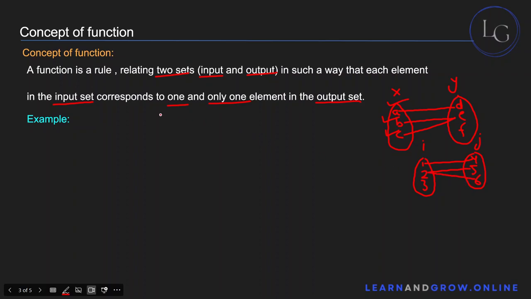That negates the rule of a function, which states that each element in the input set must correspond to one and only one element in the output set. As you can see, 2 corresponds to more than one element in the output set. So this is not a function, and this is a function, right?